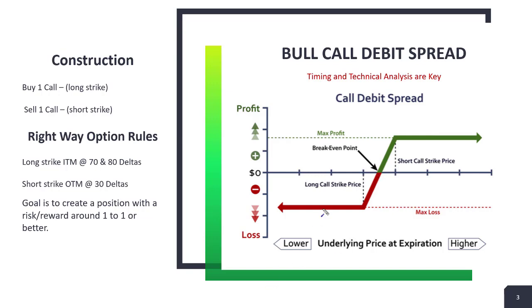And as the stock moves up, it can move way beyond your short strike, but you're capped on how much profit you can make. That's this line up here. You're capped. It can only go up so far, and then you're done making money on the trade. You will not make any more than that. Okay? The same thing is true if it goes against you. Because we have a limited risk trade, if it moves down, there's a maximum dollar loss that we have in it, and it cannot get bigger than that.